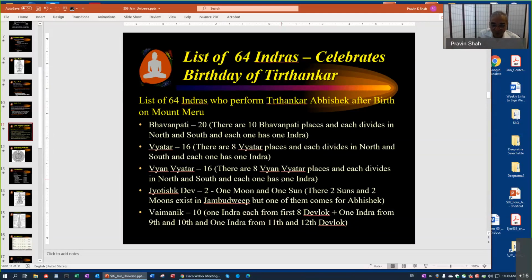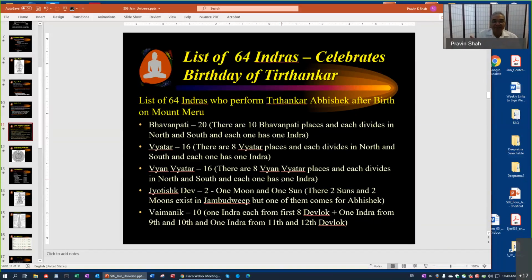Out of the two, by whatever agreement they have, one moon and one sun appear. If the Tirthankar is of Bharat Kshetra, then generally the sun and moon from the Bharat Kshetra side come. If the Tirthankar is from Airavat Kshetra, the sun and moon from that side come.